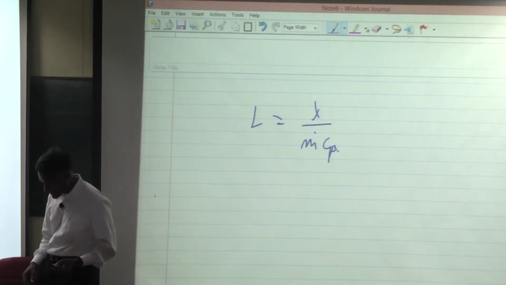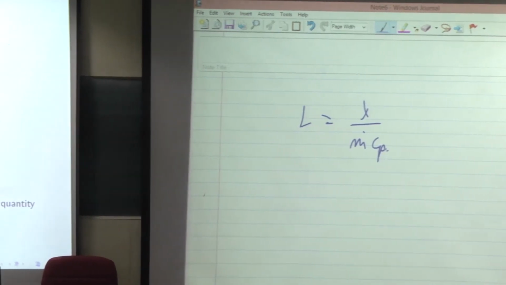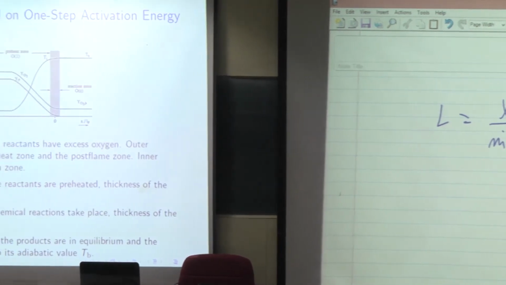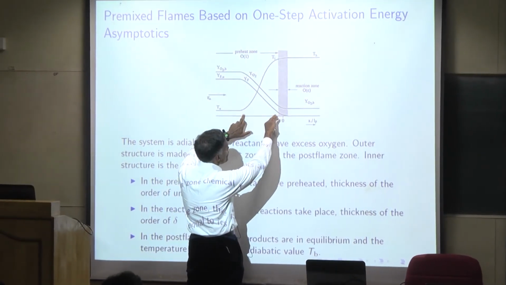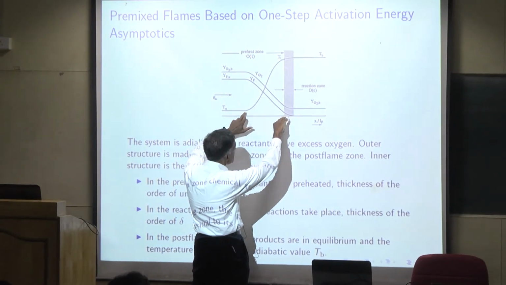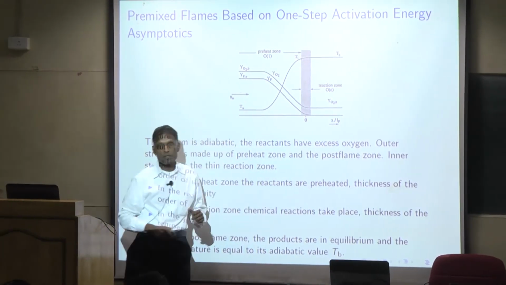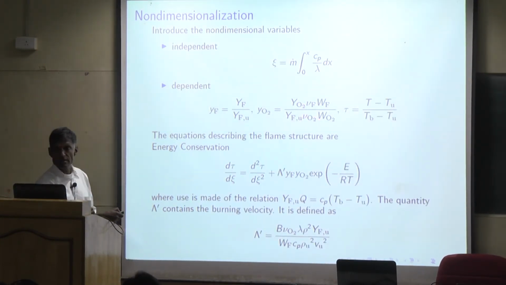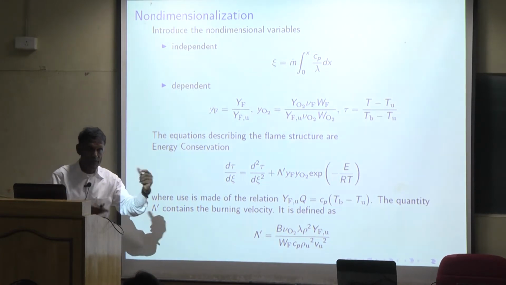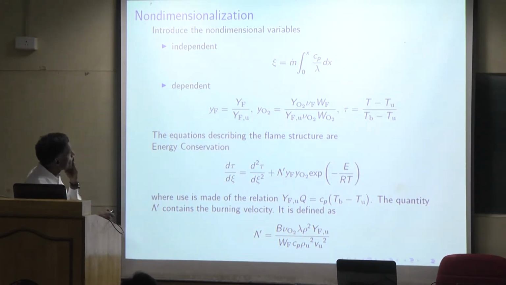Now, what is that length? That turns out to be the length of the preheat zone. So it's the length of this layer. That is the characteristic length, obtained from a convective-diffusive balance. So that is the characteristic length scale in this particular problem. Okay, it's not the reaction zone thickness, but the preheat zone thickness.